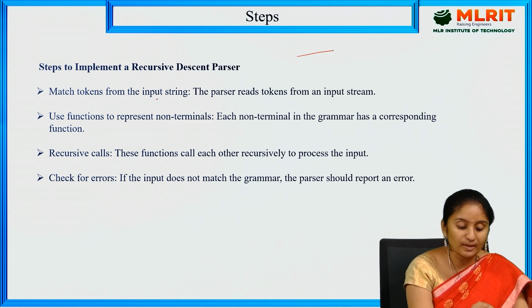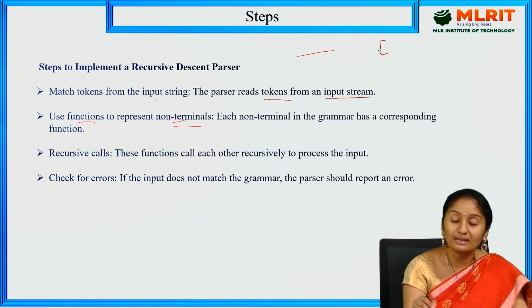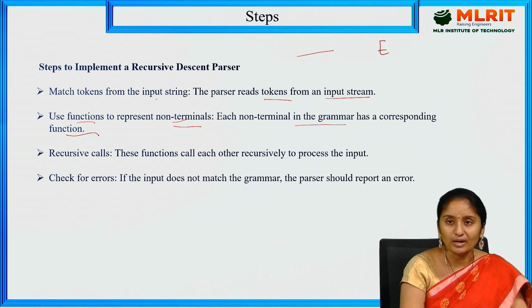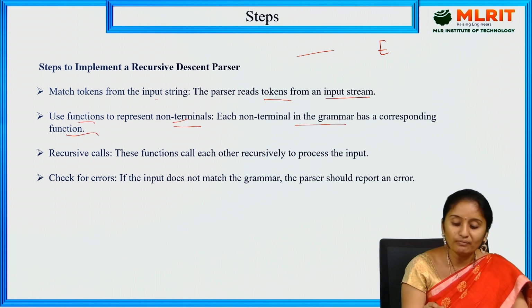Match tokens from the input string. The parser reads tokens from an input string and uses functions to represent non-terminals. Functions are nothing but the procedures used to represent non-terminals. Each non-terminal in the grammar has a corresponding function.